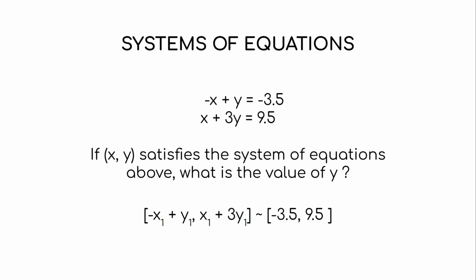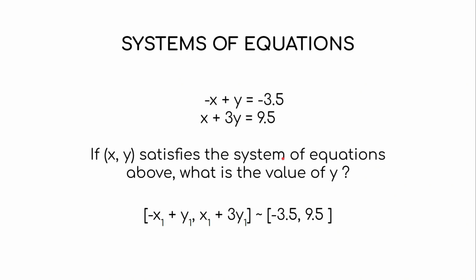Alright, so those are the 2 new methods of which you can use regression to solve problems. Some final notes to remember: you should remember that in systems of equations, in your left side of square brackets, you want to put everything on the left side of the equal sign. And then in your right side of square brackets, you want to put everything on the right side of the equal sign.